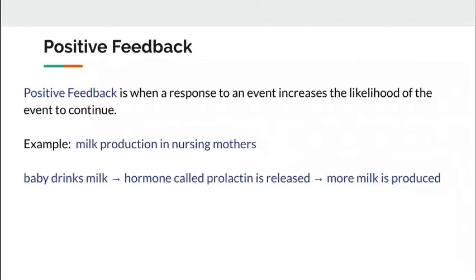So, you can see how this is adding on. If it was negative feedback, the baby would drink the milk, and then the hormone, instead of making more milk, would tell the mom to stop making any milk at all. So that would not end up being good for the baby or the mom. So that is another example of a positive feedback loop in the body.